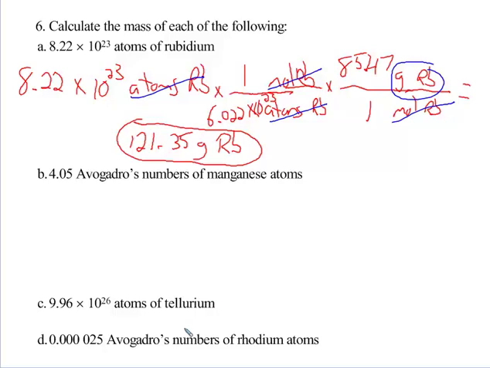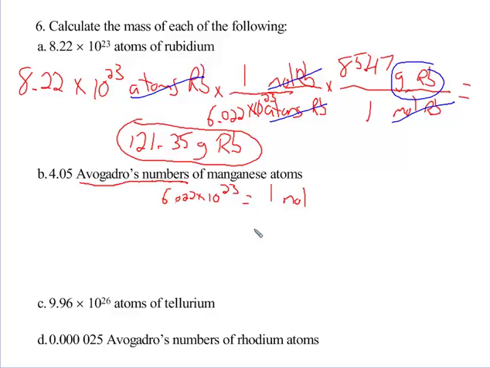One thing I do want to show you is a couple of things with B, C, and D. I'm not going to work through them. I'll give you the answers in a second. But 4.05 Avogadro's numbers of manganese atoms. If we look at this, Avogadro's number would be the same thing as saying 6.022 times 10 to the 23rd, which is also the same thing as saying 1 mole.